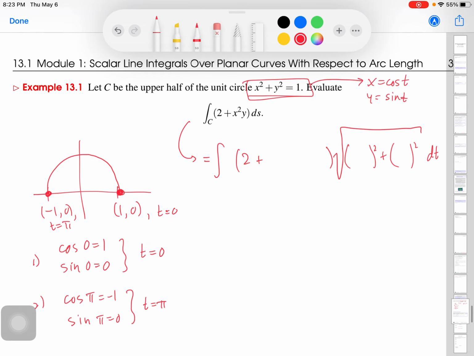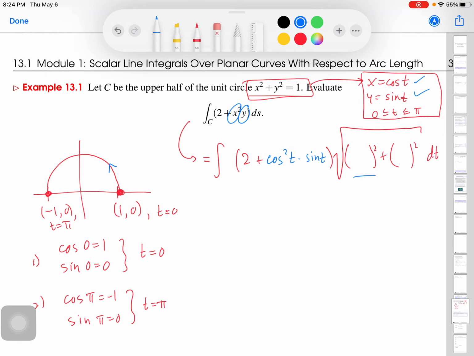All right, so I have my parameterization up here, and t goes from 0 to pi. And again, that is parameterizing this upper half circle with a certain orientation, a counterclockwise orientation. Okay, so now I have obtained my x and my y. So everywhere I see an x and a y, I'm going to put them in there. So this gives me cosine squared t times sine of t.